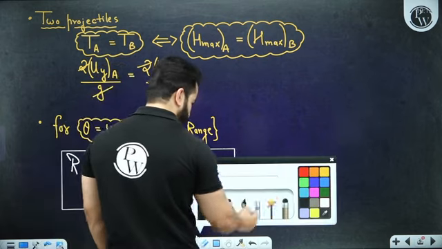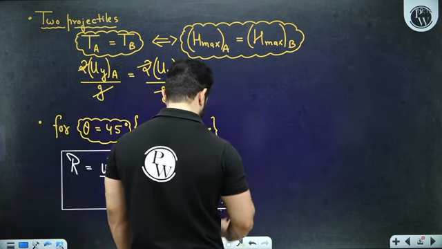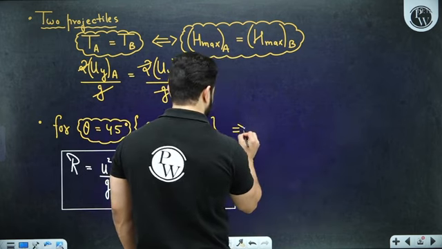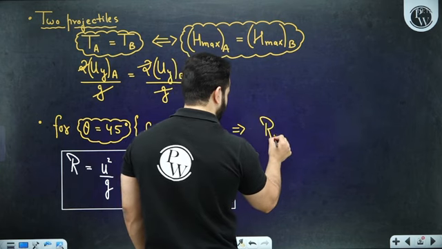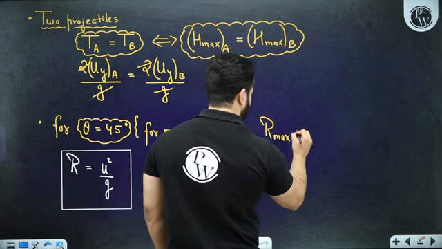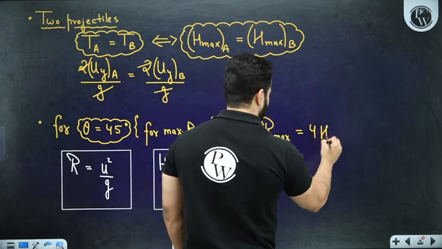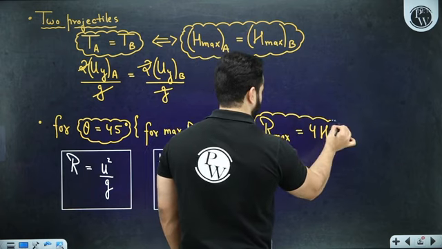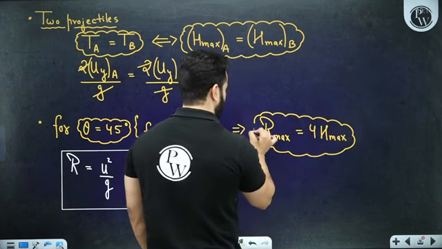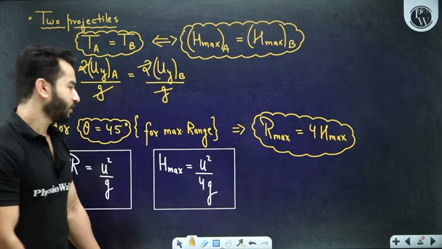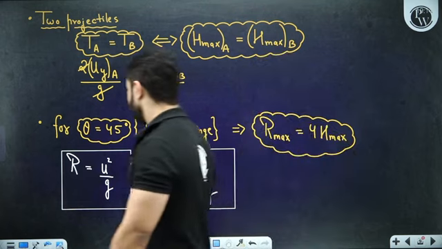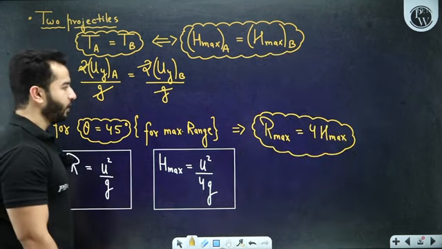So this will imply that the maximum range is actually 4 times the maximum height. Obviously, we are talking about 45 degrees. So please remember this thing as well, right? Very important. Done? Hopefully everything is clear.